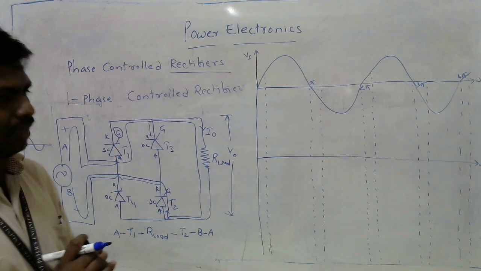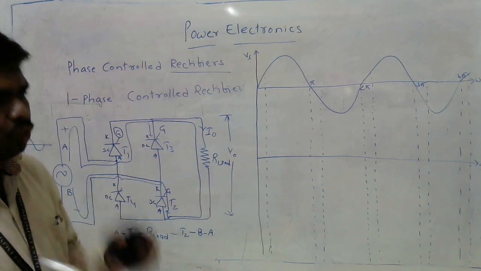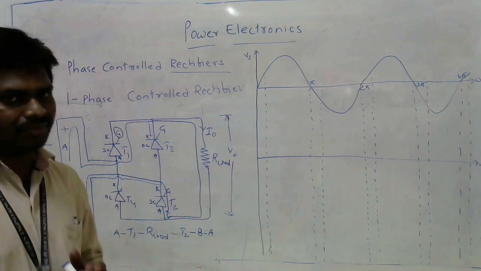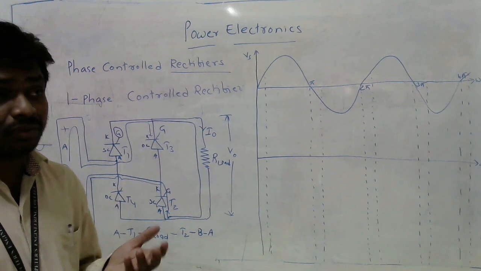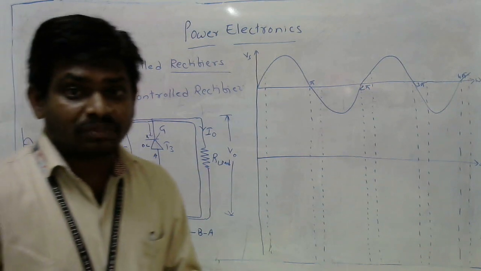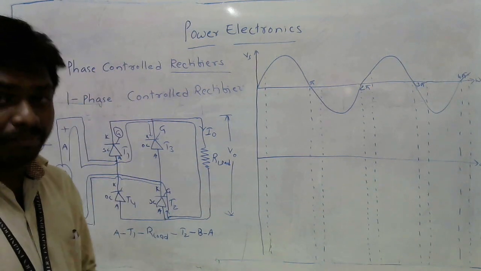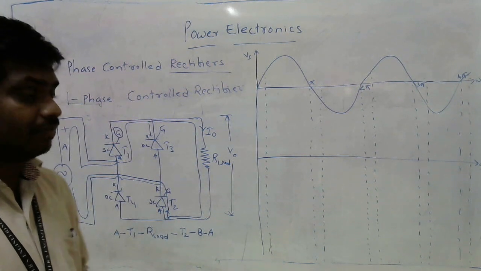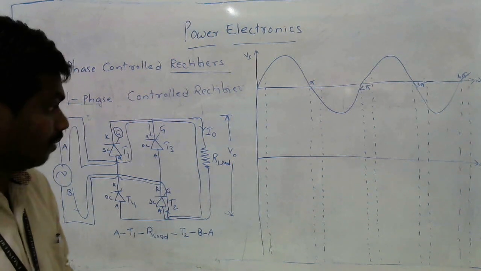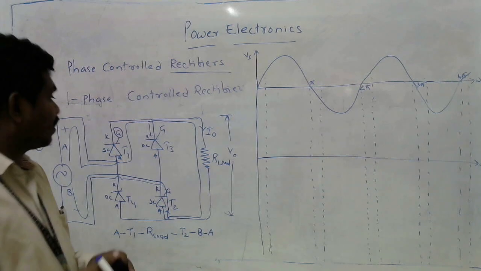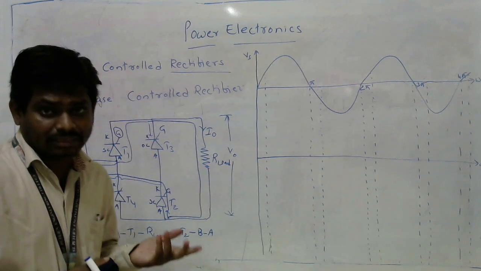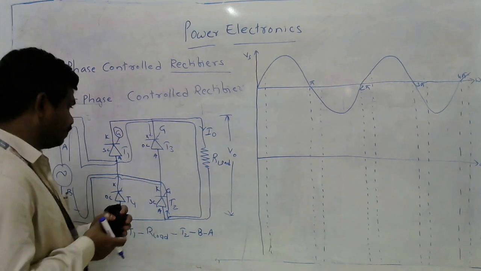It means there must be two inputs for the SCR to conduct. Even with no gate current, the SCR can come into the on state, but when you give the gate voltage, it supports the forward voltage, so that the SCR comes to the conducting state earlier as compared to the zero gate current condition.